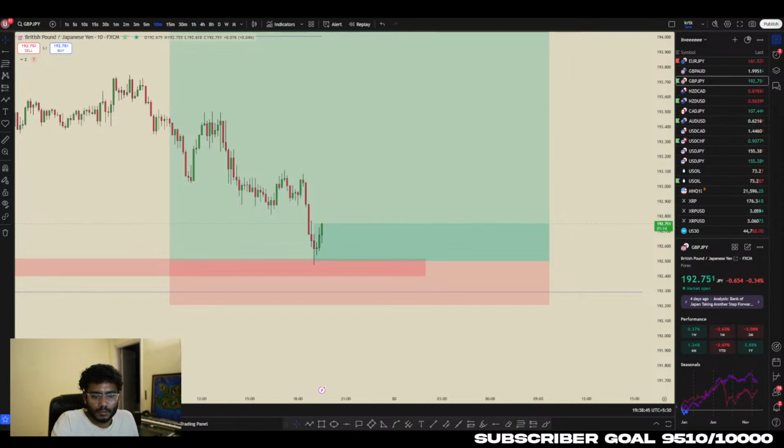Let's see, I don't think so right now. Sometimes people check if price comes to the breaker block for entry. I don't use breaker block for entries.